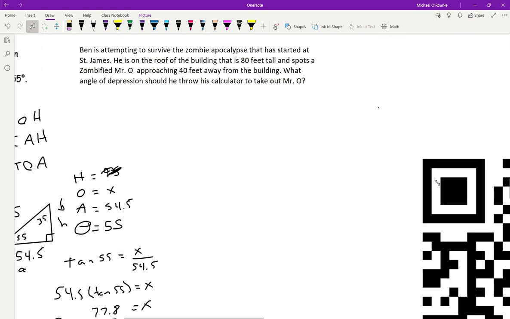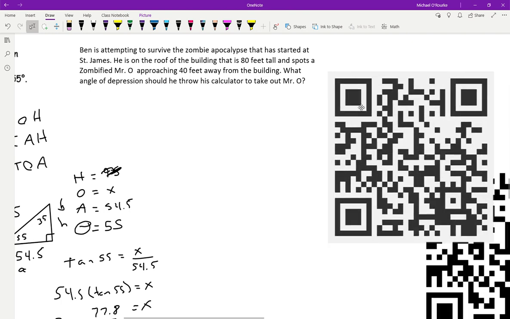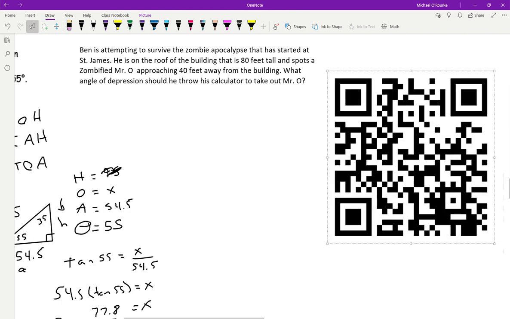I'll make this smaller for you. And I want you to post your picture in the Padlet that is attached to that. Okay, so read over that question. Then I want to see your picture of your diagram in the Padlet for me, please.